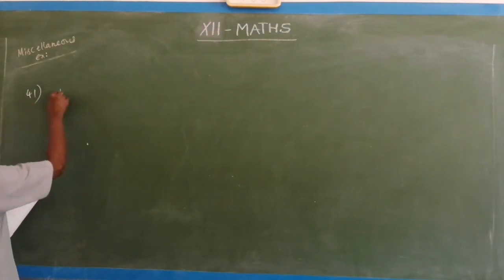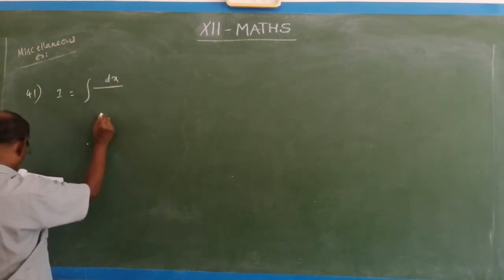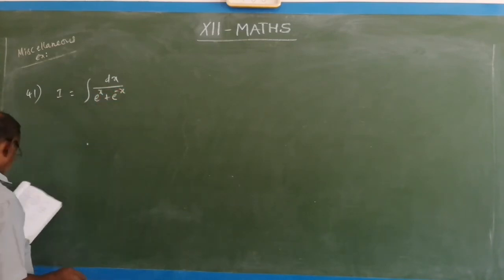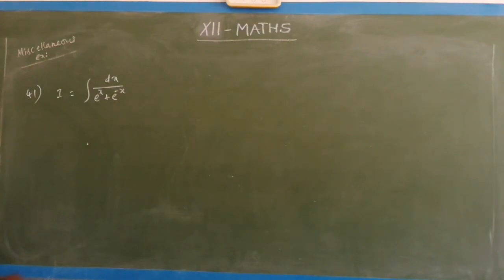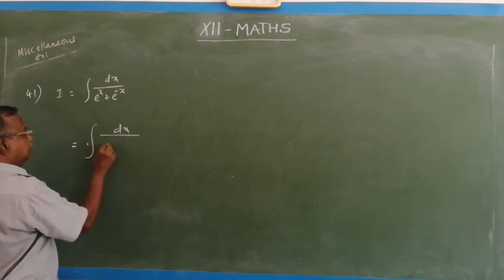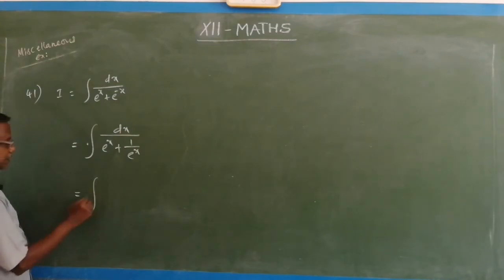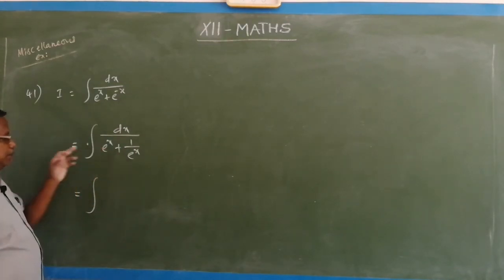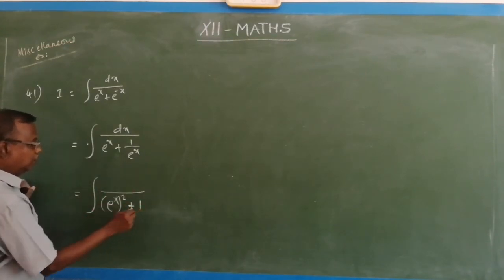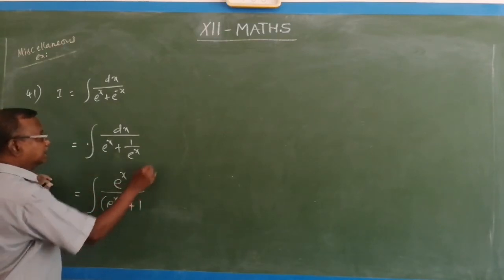Let I equal to integral dx by e power x plus e power minus x. Now, this is equal to integral dx by e power x plus 1 by e power x. Taking LCM, it is e power x the whole square plus 1, divided by e power x, and the denominator of the denominator goes to the numerator, into dx.